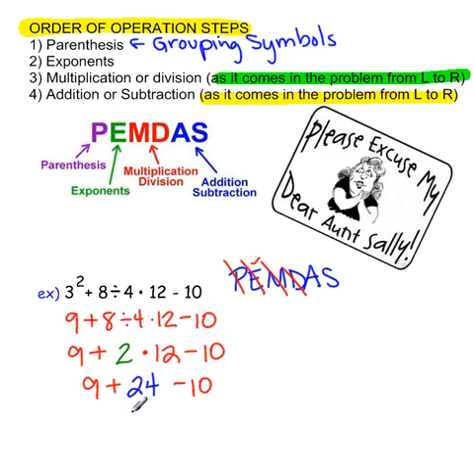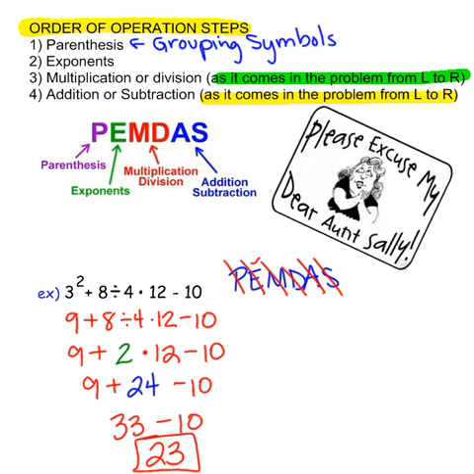And 9 plus 24 is 33 minus 10. So I did the addition, and now I'm going to do the subtraction. 33 minus 10 is 23. This is our answer. It kind of goes down like an upside down Christmas tree, or depends if you go bowling. Your answer will be at the bottom right there.